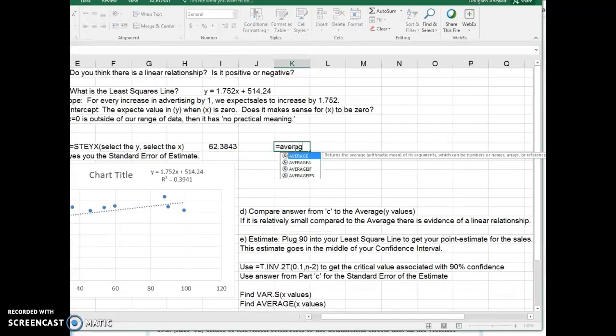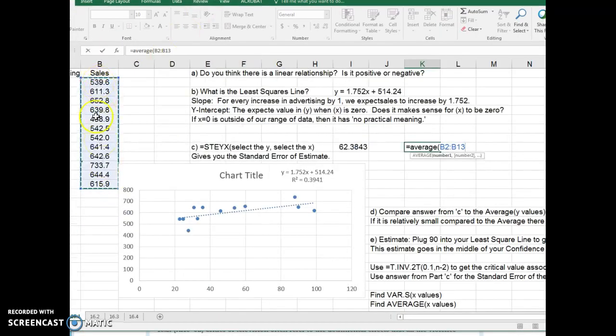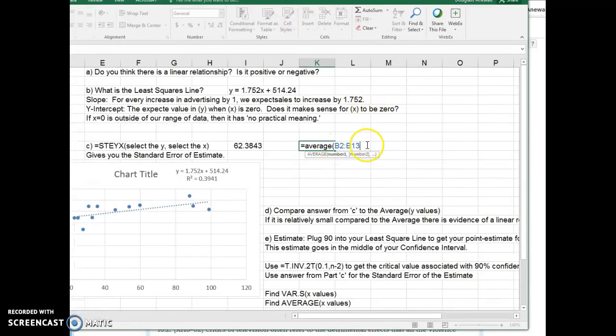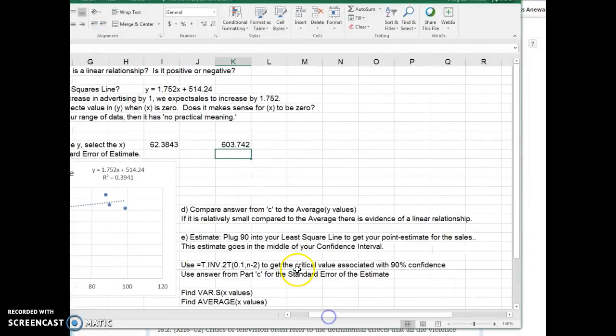So if I did equals average, and I'm off the screen here, but I'm just selecting my y's. Then when I close my parentheses out, this is the average of our y's. And if our standard error right here is relatively small compared to the average, then there is evidence of a linear relationship.